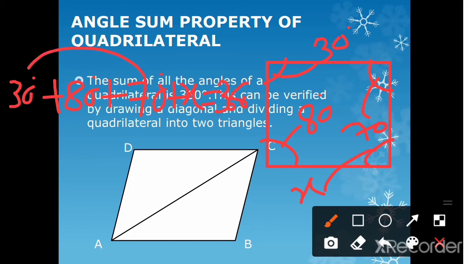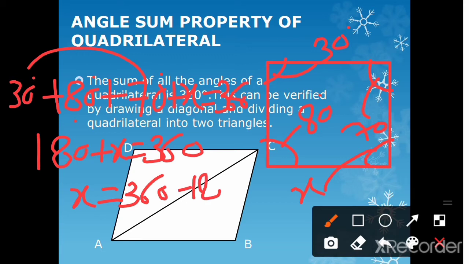So 70 plus 30 plus 80 totals 180 degrees. 180 plus x is equal to 360 degrees. So the last angle x is equal to 360 minus 180 degrees. So angle x is equal to 180 degrees. That is the answer.